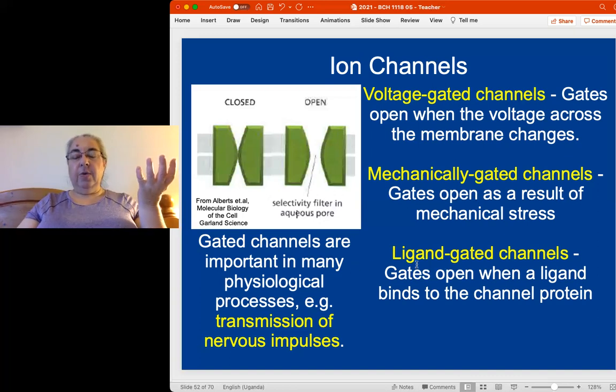There is also a type of gated channel which opens when a ligand binds to it. So something could be binding and telling the channel to open. So the ligand would be being received as a signal.